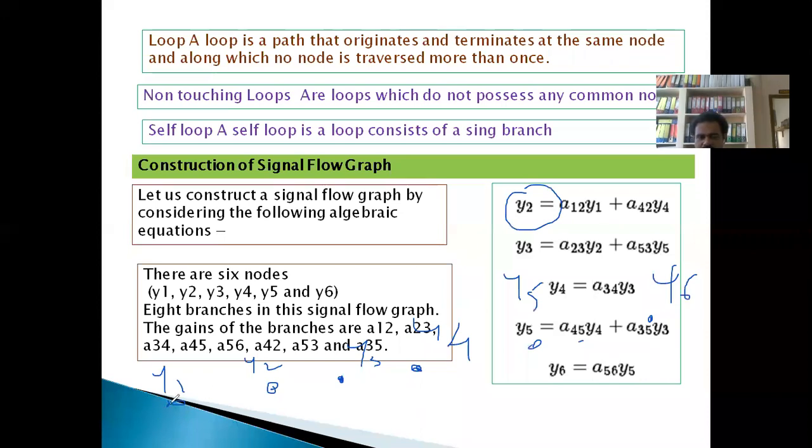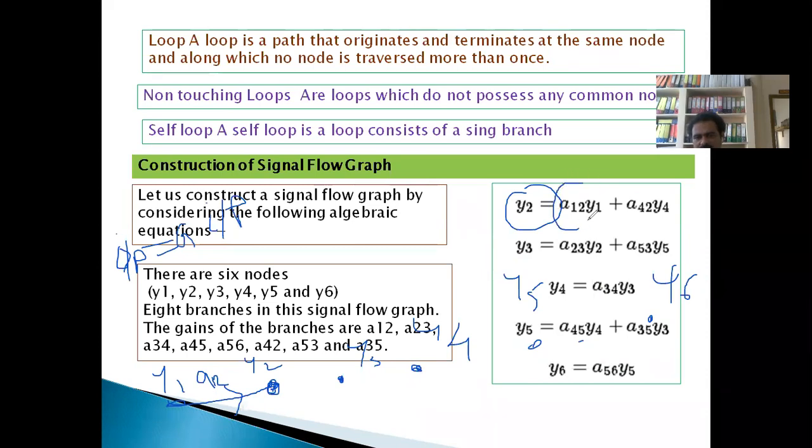If we take y1 as the input signal, this is branch gain A12. So output y2 is equal to input multiplied with gain. We know the transfer function is output by input, equal to the gain. So gain multiplied with input gives you the output y2. So y2 is equal to y1 multiplied with A12.